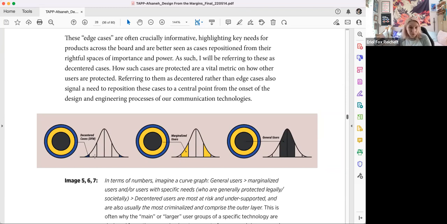To be honest, it made sense that those were the decentered ones. From my perspective, the decentered cases were always part of the marginalized users, and the implicit value is about defining them as decentered, potentially. This is potentially the biggest takeaway I'm taking away for my personal work from this paper.